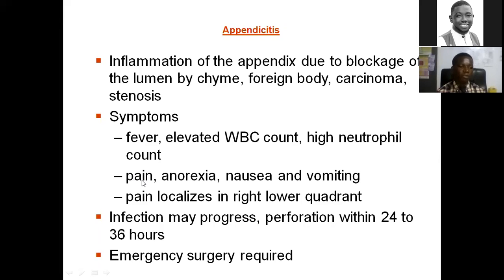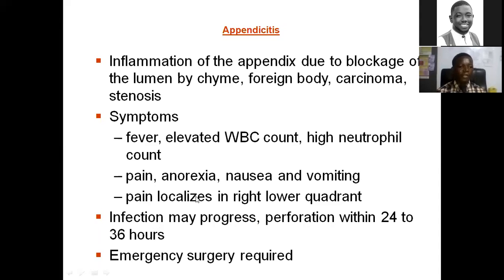The person will also lose appetite, and might have nausea and vomiting. As I said, the pain localizes in the right lower quadrant. If you divide the abdomen into 4 quadrants, the right lower quadrant is where you are most likely to feel the pain, and that's what we call the iliac fossa.